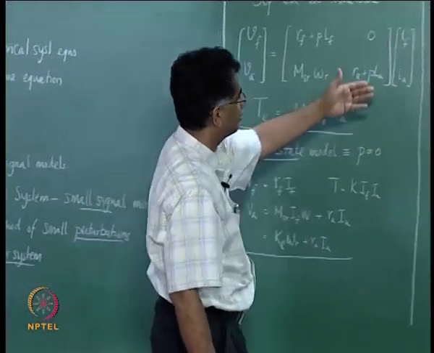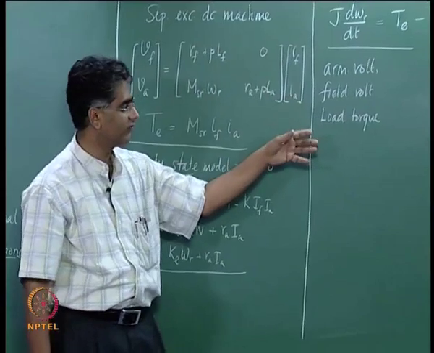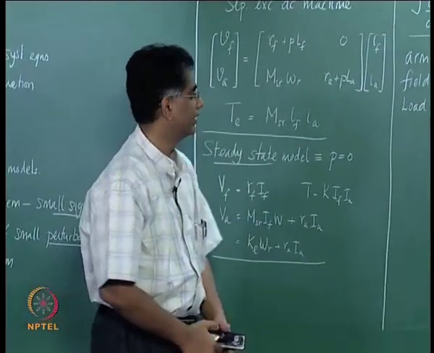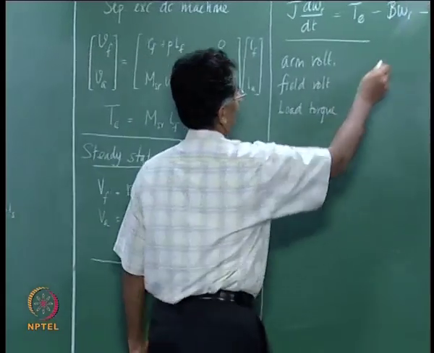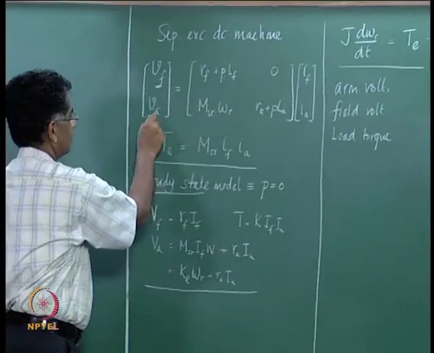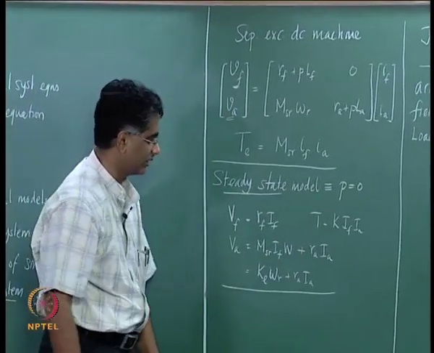You apply an armature voltage, you apply a field voltage, and then some load is also applied on the machine. So you have the load torque here, you have the field voltage here, and you have the armature voltage here.